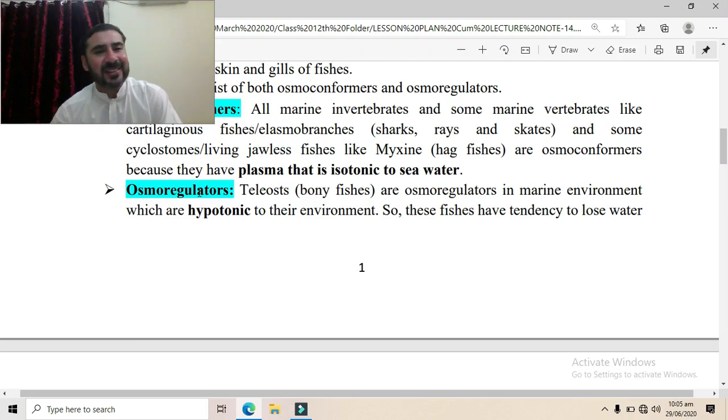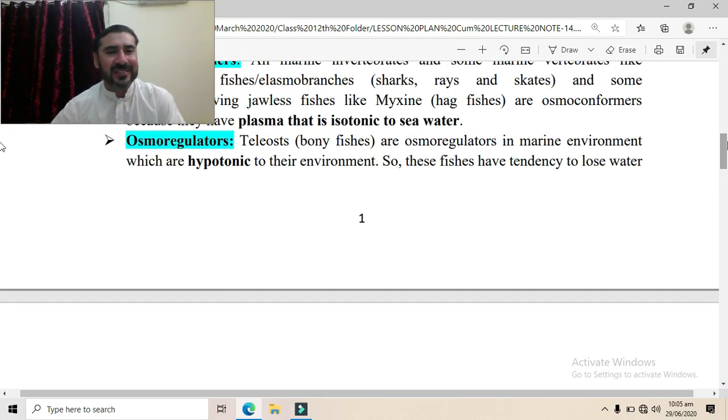On the other hand, it means that they have more solvent concentration inside as compared to the outside. So what will happen? If they have more solvent concentration inside, they will have the tendency to lose water from the higher concentration to the lower concentration.